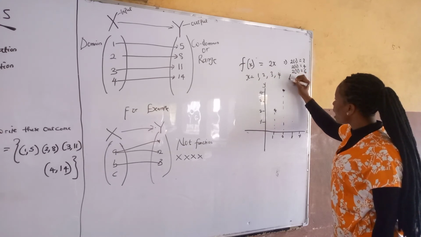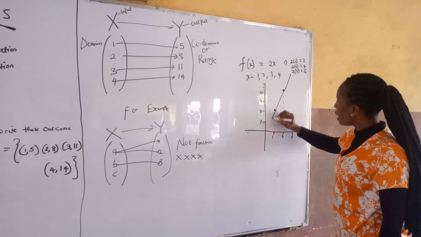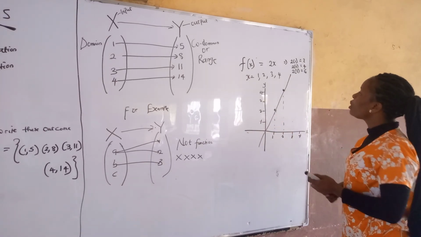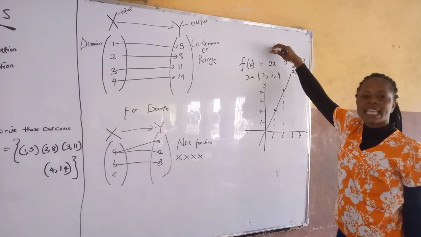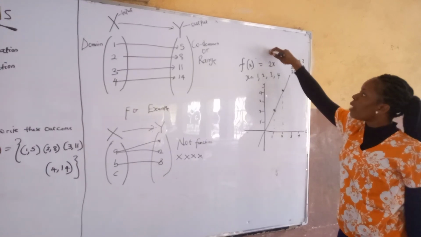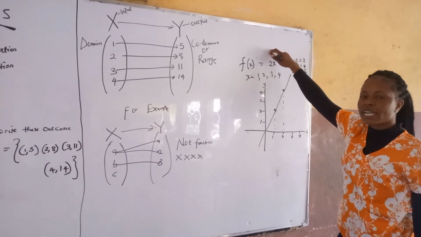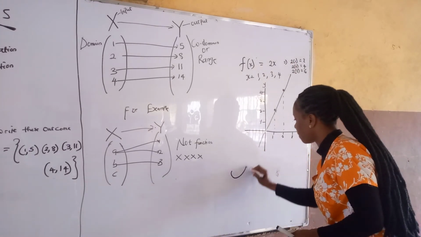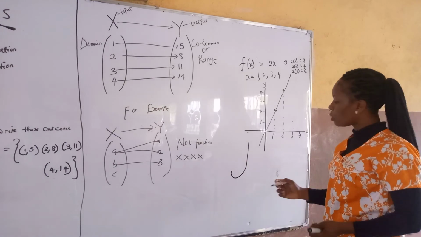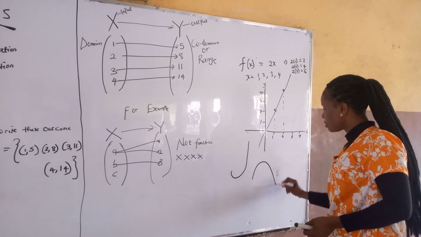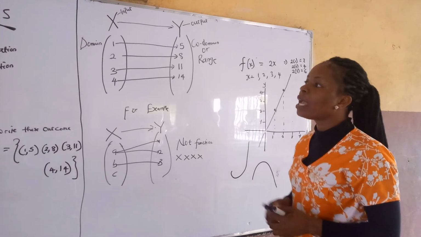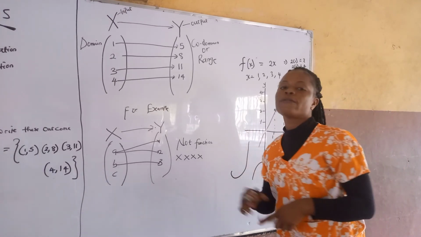And when you draw the line, you see that it is a straight line to this point. Why is it a straight line? Because the function is a linear function. If you were plotting a graph of a quadratic function, you would have something like this, or something like this. But in this class, we were deliberately discussing what a function is.